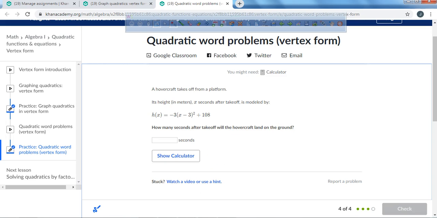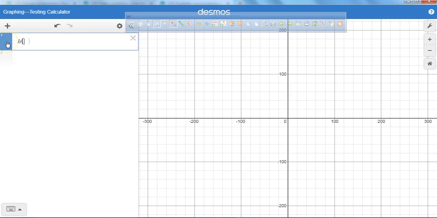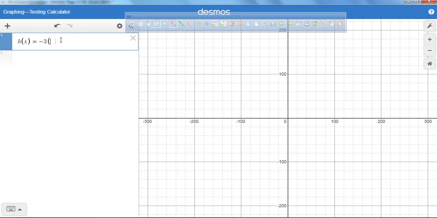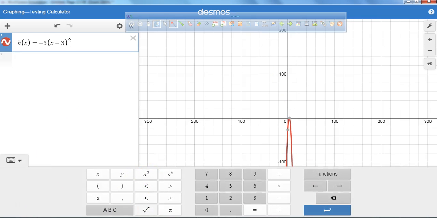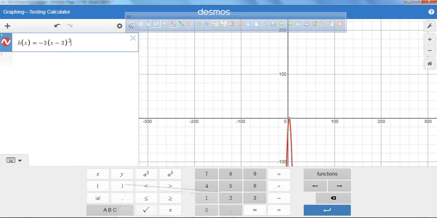So I'm going to go ahead and type this into Desmos so we have a nice, neat graph. h of x equals negative 3 times (x minus 3) squared plus 108.